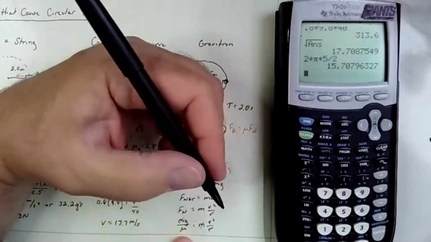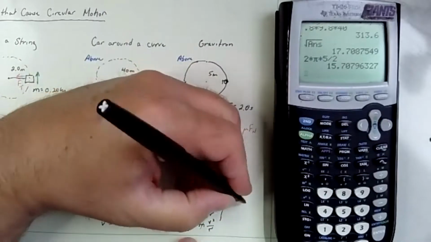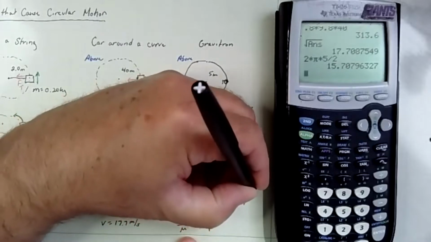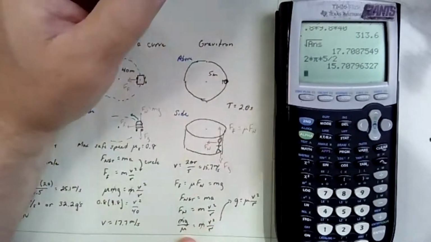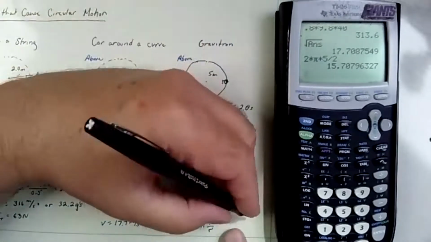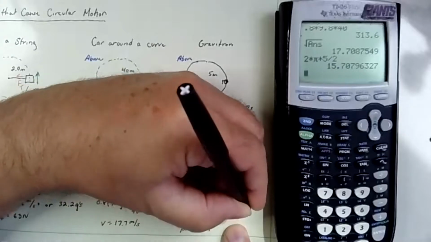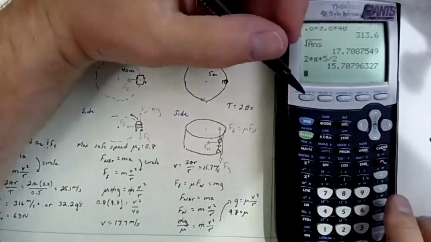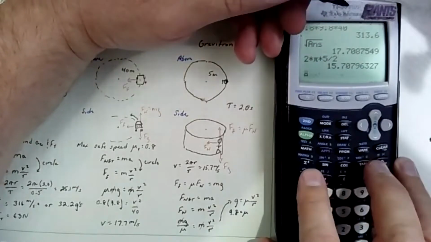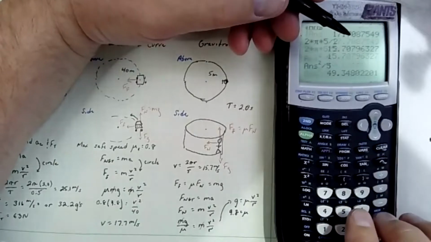And then if I solve for this really quick, I'll just come up here. So 9.8 has to be equal to the coefficient of friction times v squared over r. Okay, well, let's do v squared over r. So v I already have here in the stack on my calculator, and so squared and divided by the 5 meter radius.